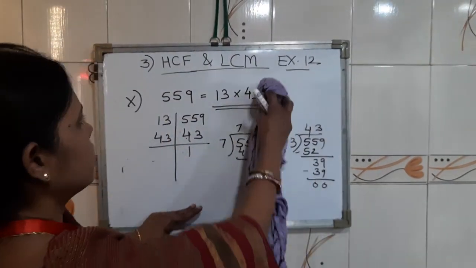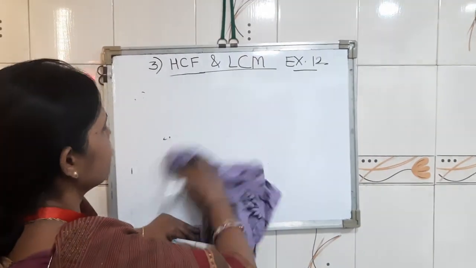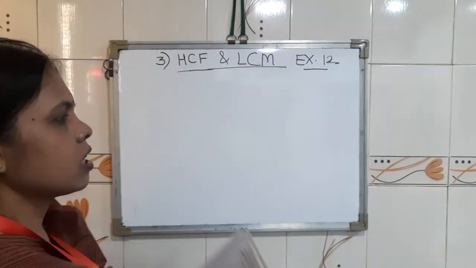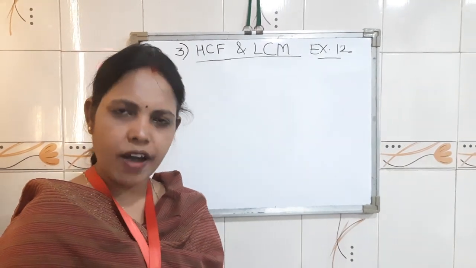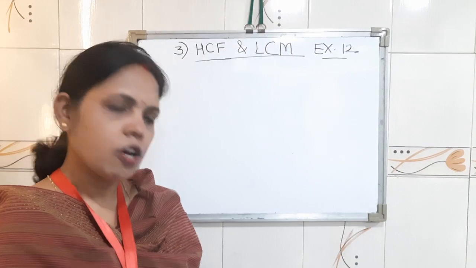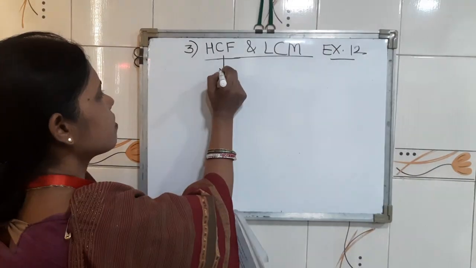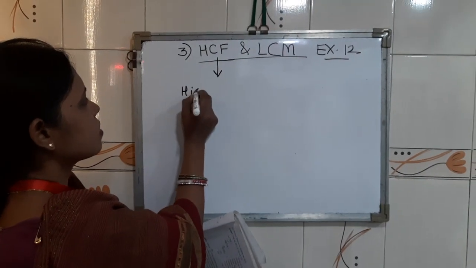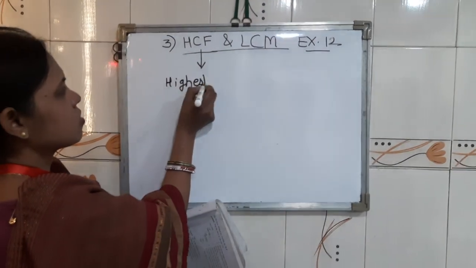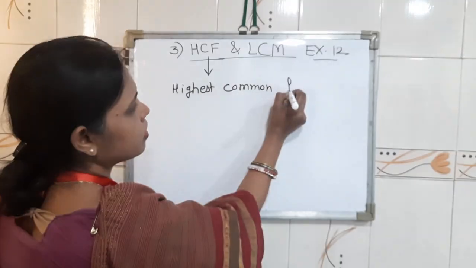So children, in exercise 12, we are going to see the same method of finding factors, but here HCF, what does HCF mean? HCF means highest common factor.